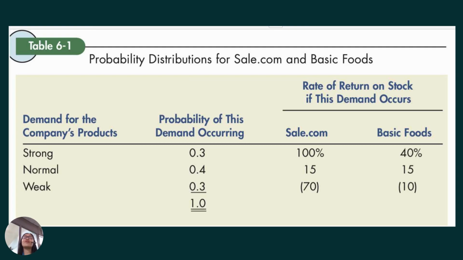Notice, however, that Sale.com's rate of return could vary far more widely than that of Basic Foods. There is a fairly high probability that the value of Sale.com's stock will drop substantially, resulting in a 70% loss, while there is a much smaller possible loss for Basic Foods. Note that the following discussion of risk applies to all random variables, not just stock returns.